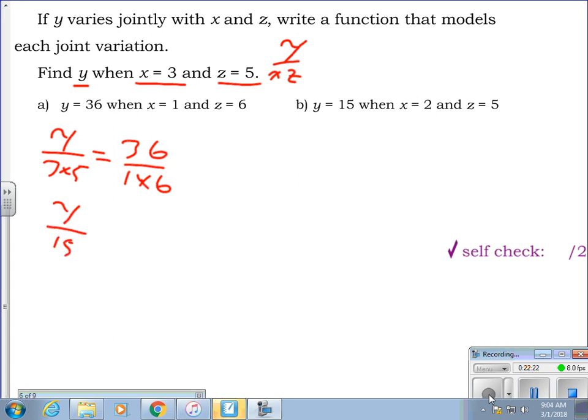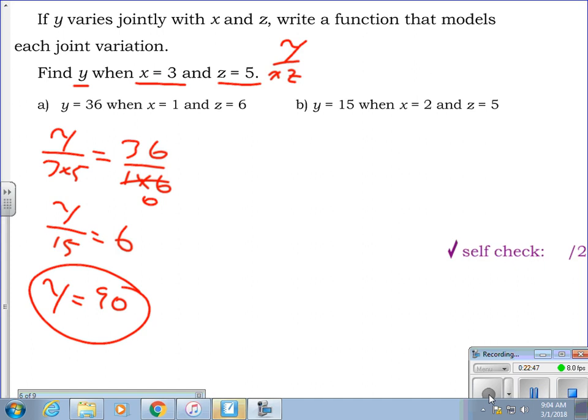So y over 15 equals, well, 1 times 6 is 6, and this reduces down to 6, right? Multiply both sides by 15. Y equals, let's see, 60 plus 30 is 90. Okay.